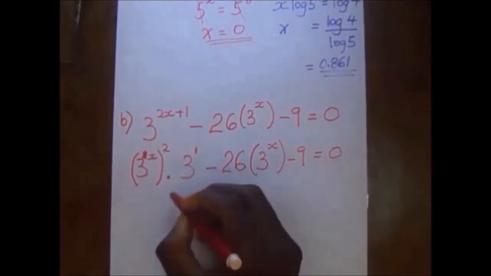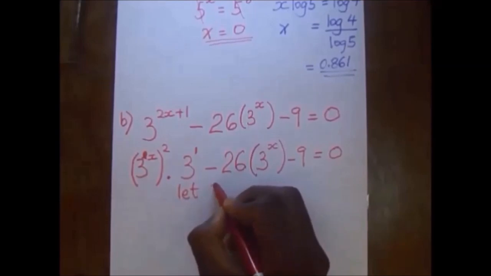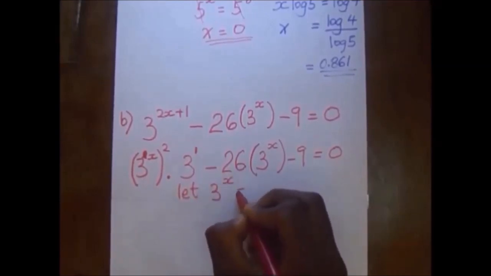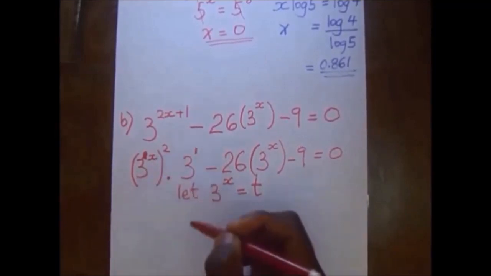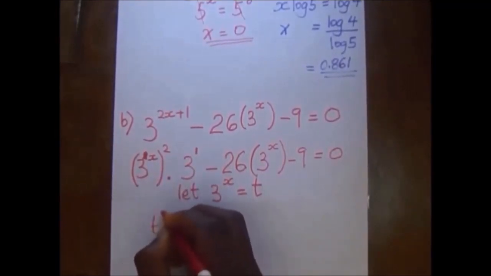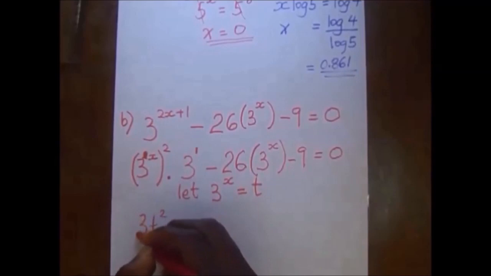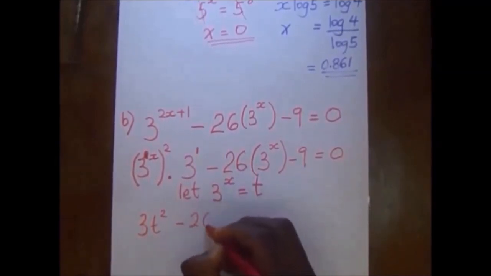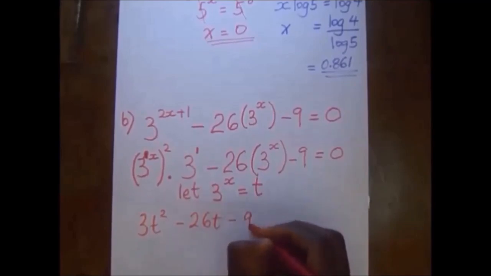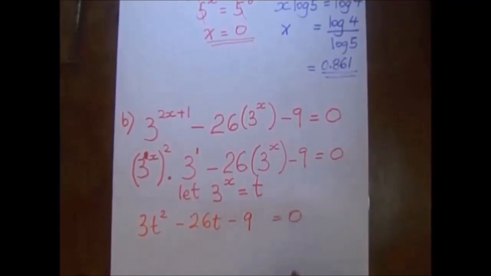So we shall say let 3 to the power x be equal to t. We shall substitute t where there is 3 to the power x, and we shall end up with t squared. This is 3 to the power 1, so it's going to be 3t squared minus 26t minus 9, giving us 0.